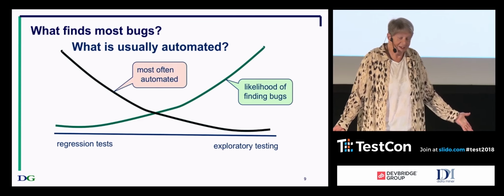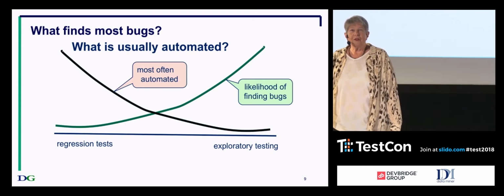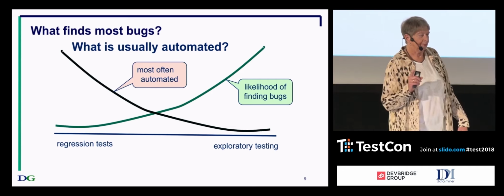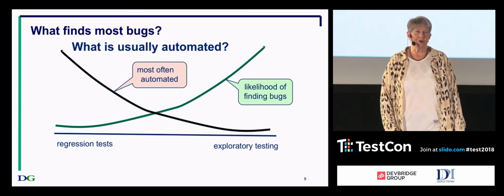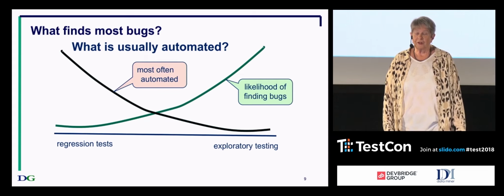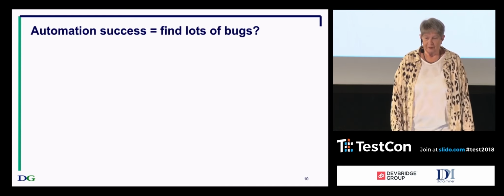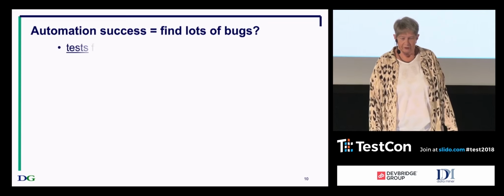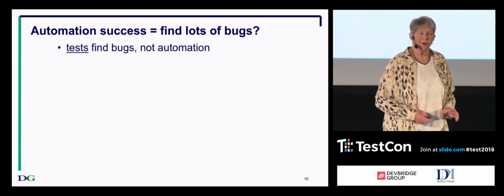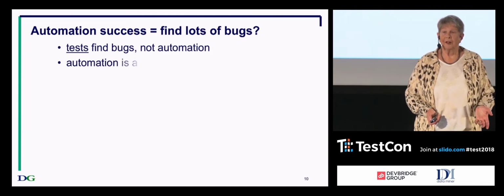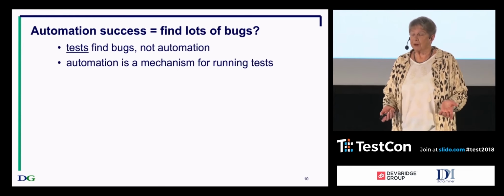Regression tests, exactly. Now, one of the prime mistakes made in looking at what the objectives for automation should be is to say we should find lots of bugs. And that is not correct. Automation does not find bugs. Automation just runs tests. It's the tests that find the bugs.